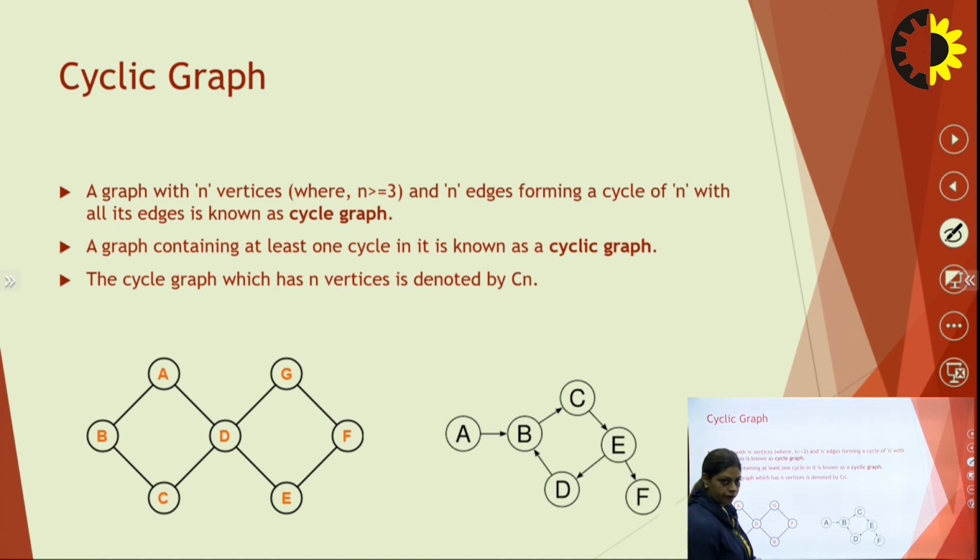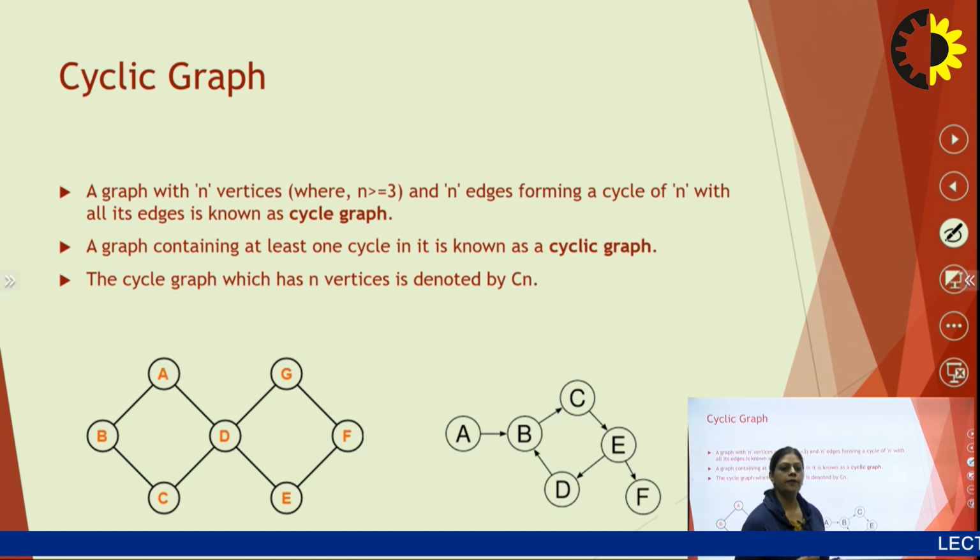Cyclic graph. Cyclic graph means there should be a cycle in that graph. It's not compulsory that all the vertices participate in the cycle, but if we are able to find one cycle in the graph, then it is a cyclic graph, right? Cycle means when we start traversing from one vertex to the other, by one path or any other path we reach the same vertex again, right? That is a cycle.